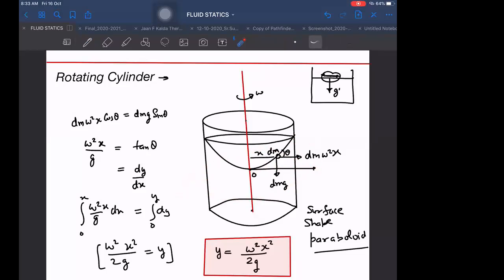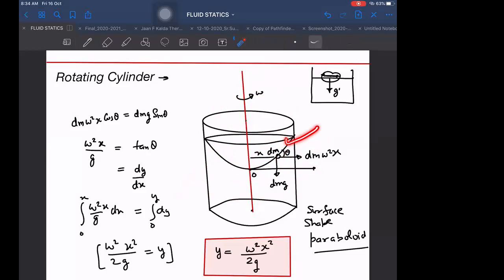But what we are assuming here is that there will not be any friction force because our cylinder itself is rotating. We are not just rotating the water inside, we are rotating the whole cylinder itself. So when we rotate the whole cylinder, including the liquid, the liquid layers will not slip with respect to each other.